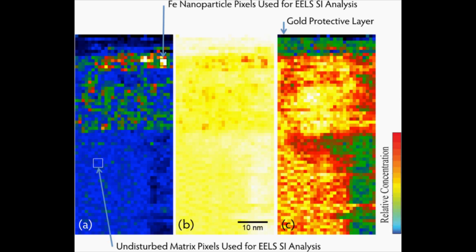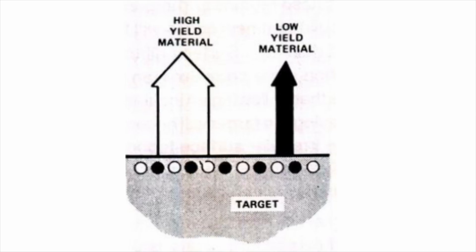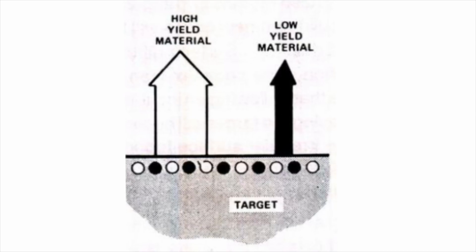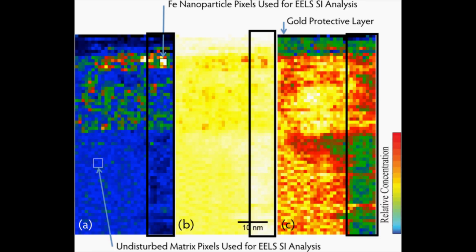Directly below the protective gold layer, we see that iron and magnesium have a band of low concentration while oxygen has a relatively higher concentration. This is due to the fact that sputtering is more likely for certain materials due to energy transfer efficiency. This is called preferential sputtering. Also note that on the right side of each picture, a line of low concentration is visible. This is damage from the electron beam.